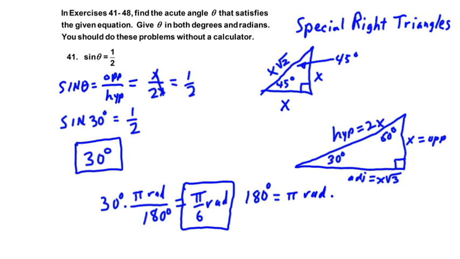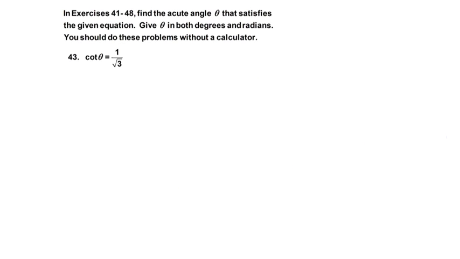Next, let's go to problem 43. The cotangent of theta is 1 over square root of 3. Well, in this, we're going to be looking at a type of special right triangle.